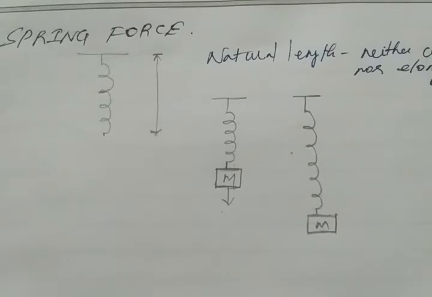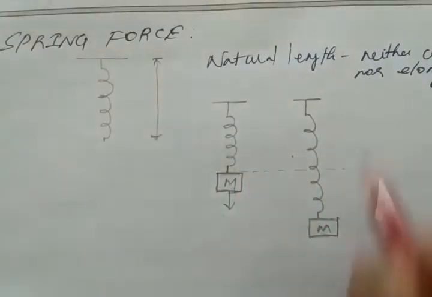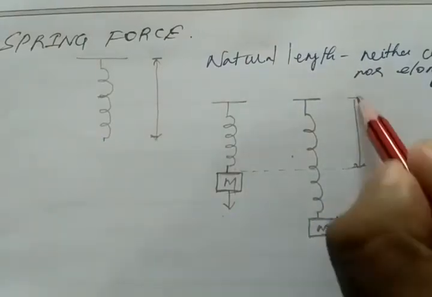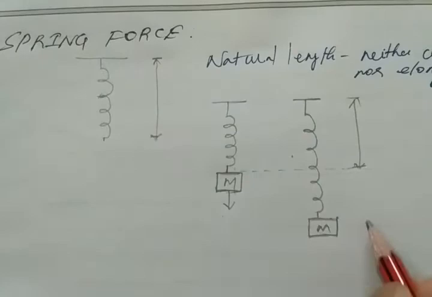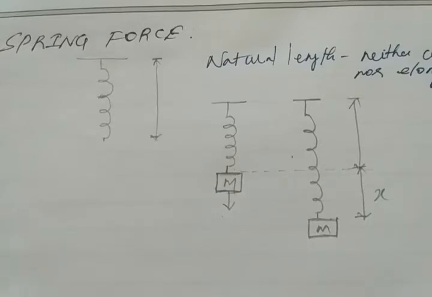So we take this as the mean length of the spring, or we can say the natural length, right? And this is the displacement of the spring.